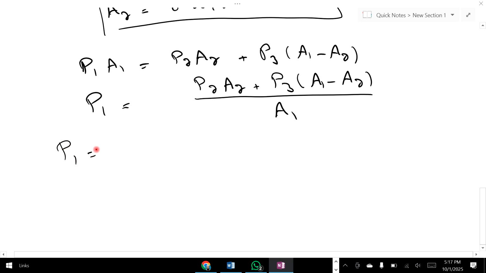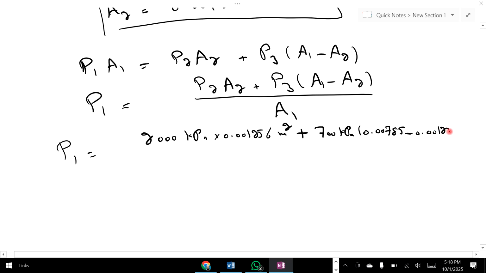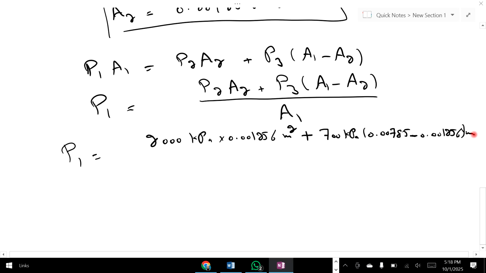Putting values, P2 is 2000 kilopascal multiplied by A2, 0.001256 square meter, plus P3, 700 kilopascal, multiplied by A1 minus A2, 0.00785 minus 0.001256 square meter, divided by A1.